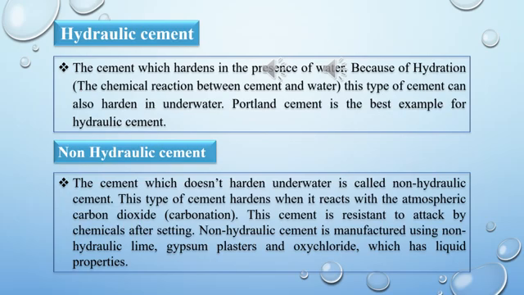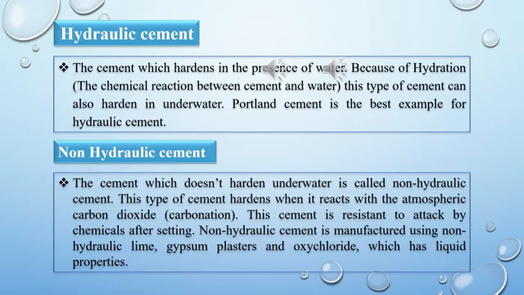Students, in this definition he said that hydraulic cement is that cement which is hardened in the presence of water. So there is a question in my mind, why is it hardened in the presence of water? The answer is that there is the hydration reaction between the cement and water.